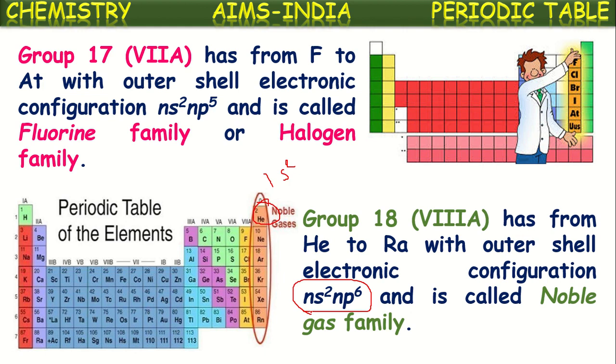So the 18th group or 8th group elements are called noble gases, inert gases or aerogens, and they exist in very small quantities in the atmosphere. That is why they are also called rare gases. These are the different common names given for these 8th group elements. Got it?